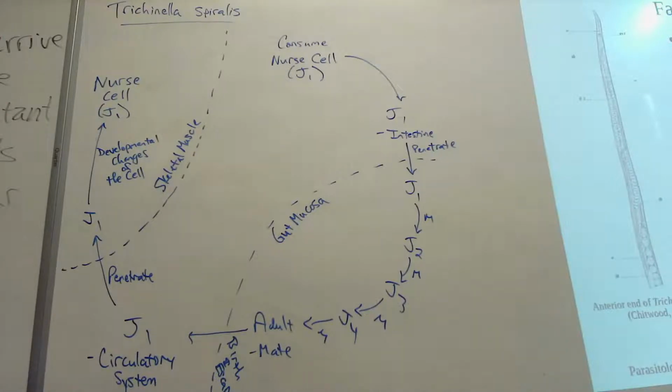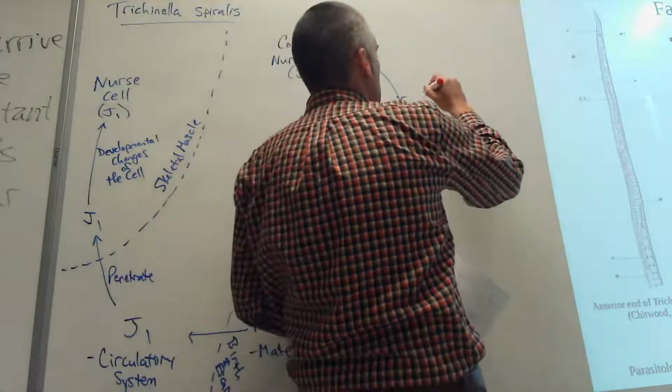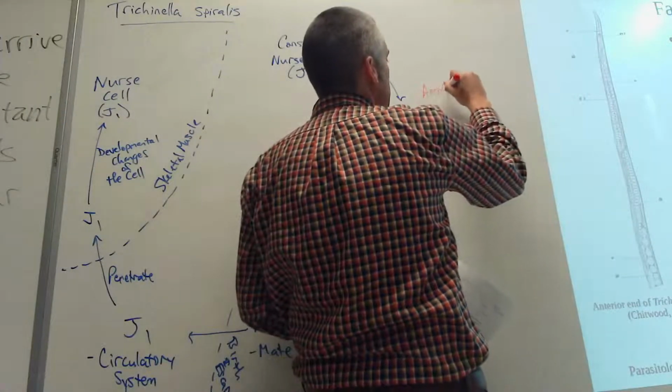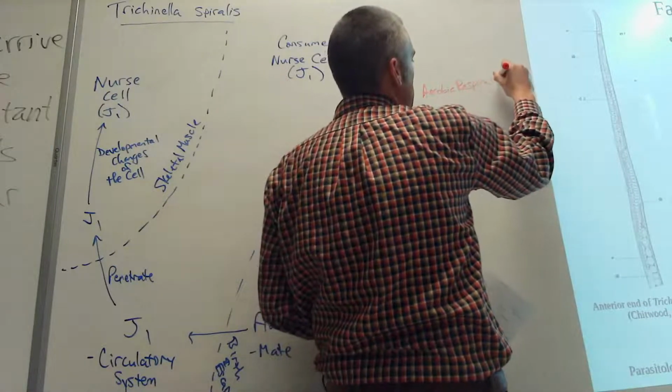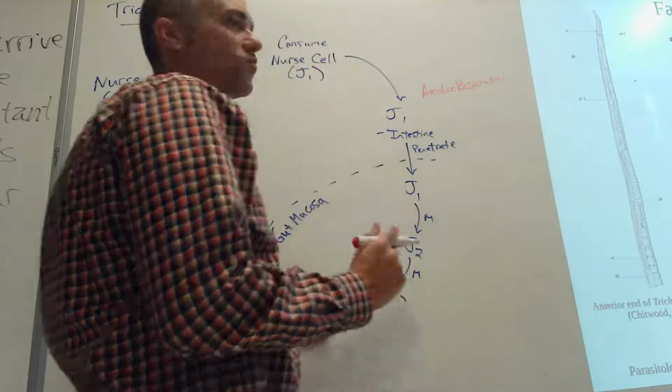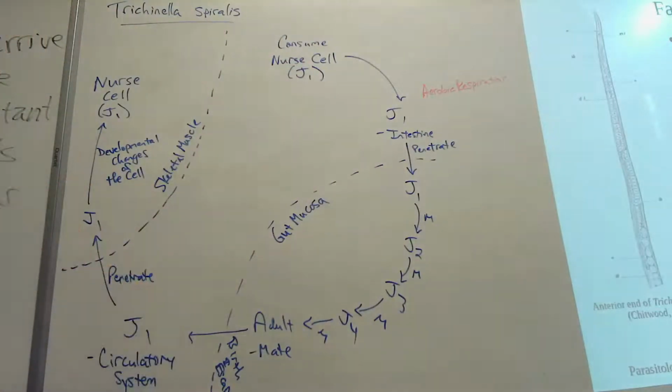Now, there are some things that are notable about this life cycle, especially with the worm. Once it escapes from that nurse cell, it switches to aerobic respiration. What is aerobic respiration?